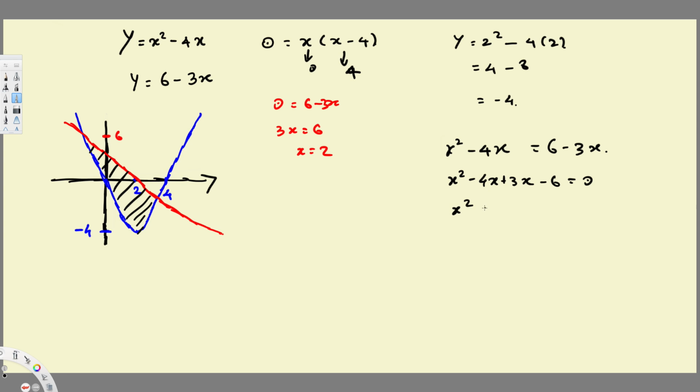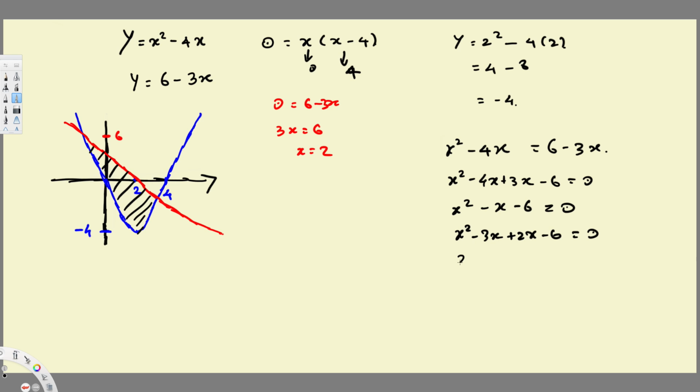Therefore x square minus x minus 6 is equal to 0. Here we have to find values that when we multiply we get negative 6, and when we add we get negative 1. So minus 3 plus 2 will work. x square minus 3x plus 2x minus 6 is equal to 0.